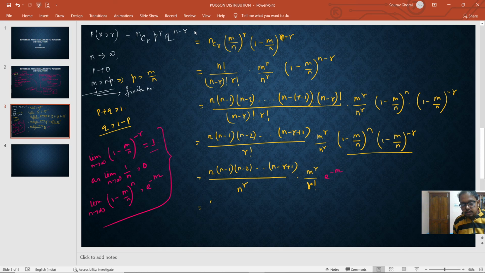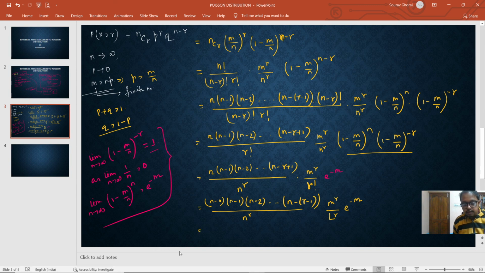that is (n-0)(n-1)(n-2)...(n-r+1) divided by n to the power r, into m to the power r by r factorial, e to the power minus m. Now here you can see that there are r terms.